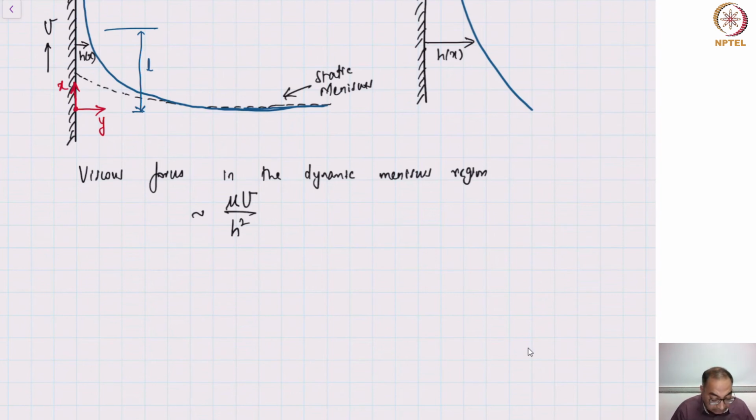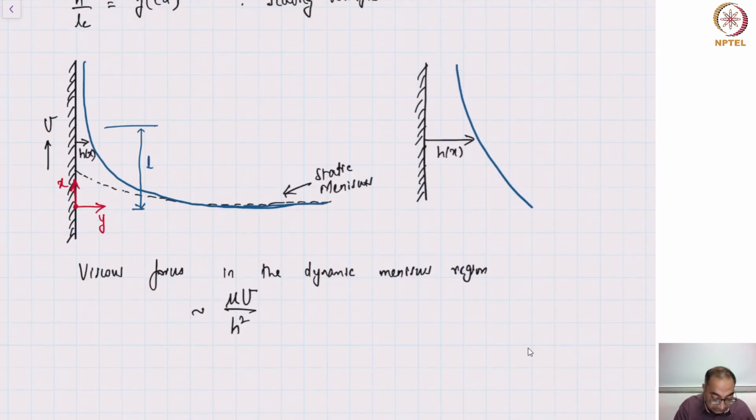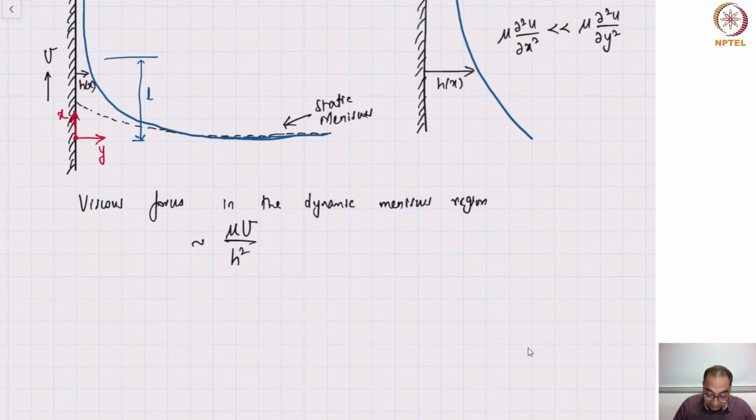Recall that this term comes in when you look at this equation. In the dynamic meniscus region, this is a thin film, so the meniscus is vertically steep, and the variation along the plate is much smaller than the variation normal to the plate. That's the first observation. So in this region, the viscous forces are as follows.